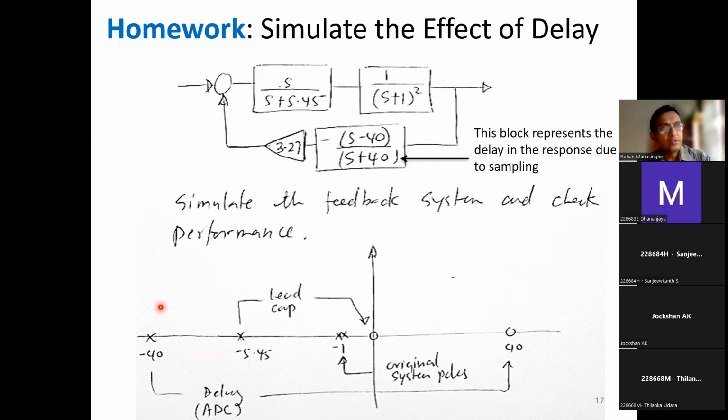So if you get a reasonably good result and you are happy about it, because when you discretize the plant, you will still get something closer to what you see over here, because this is delay included. So you have confidence to discretize the plant.